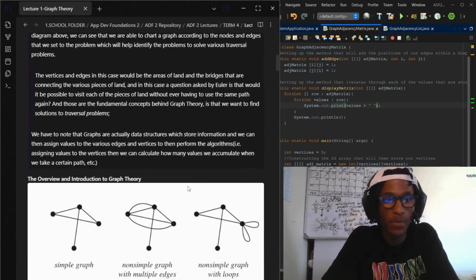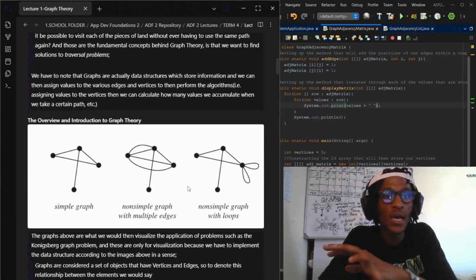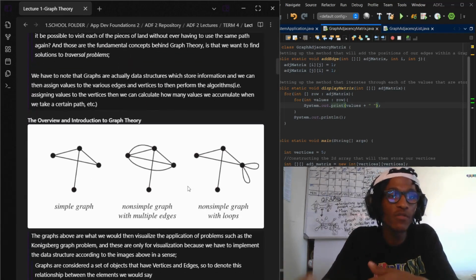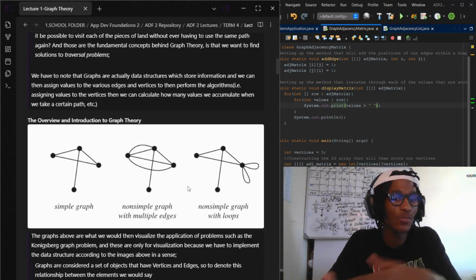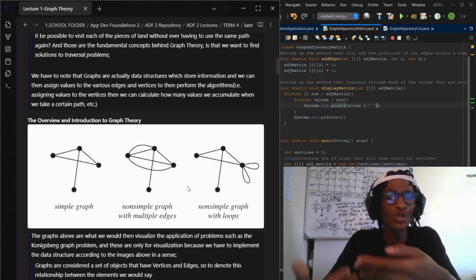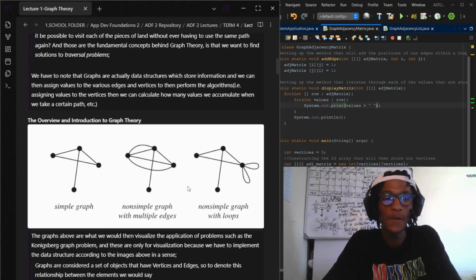And we have to note that graphs are actually data structures which store information, and we can then assign values to various edges and vertices and then perform algorithms. And the algorithms that we primarily perform are traversal algorithms, or finding a path between point A and point B.